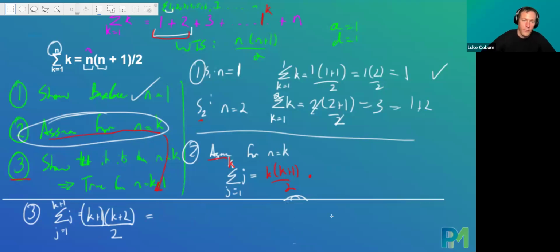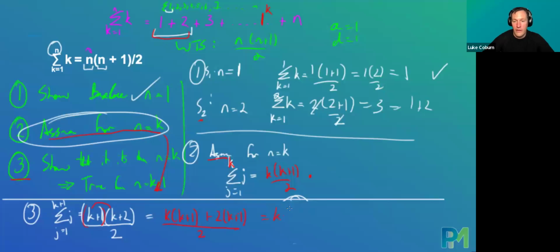Okay, sorry. So what I'm going to do now is multiply out this k plus 2. So I have a k times k plus 1 plus a 2 times k plus 1. Okay, so I just multiplied that by this set of brackets, and then that by this set of brackets, all over 2.